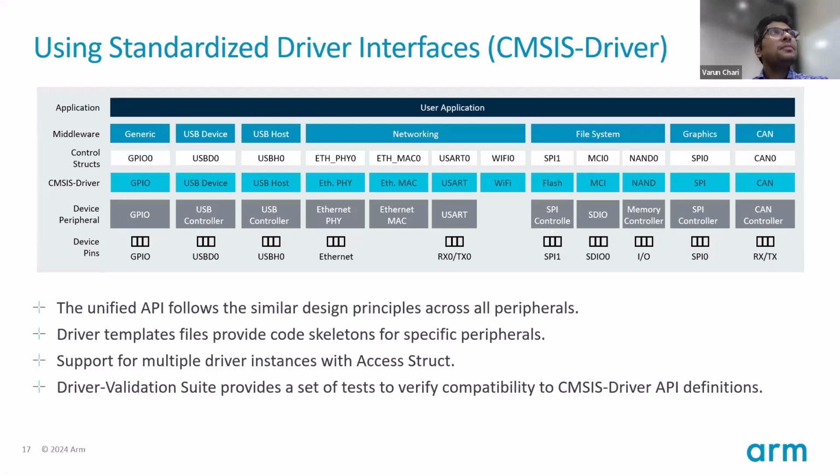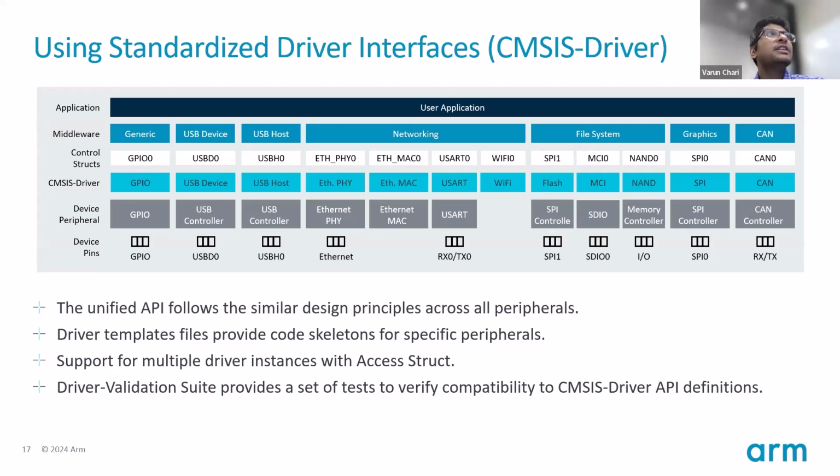The application just has a view of this GPIO or USB interface or control struct, and the silicon provider, in their device support package as a CMSIS pack, implements the control using these control structs. So the application developer really doesn't have to worry about different control structs from different silicon providers.